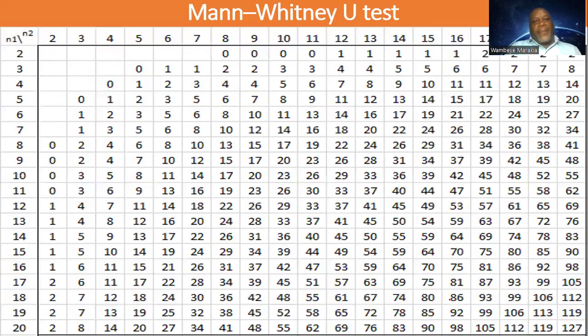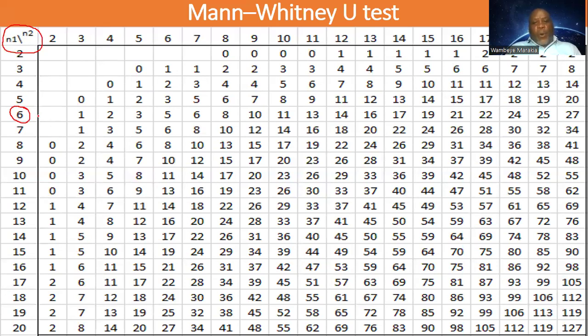So this is the table that appears on my screen. On this table, we have N1 at the far corner. Remember, the sample size of sample 1 was 6. So we go where 6 is.